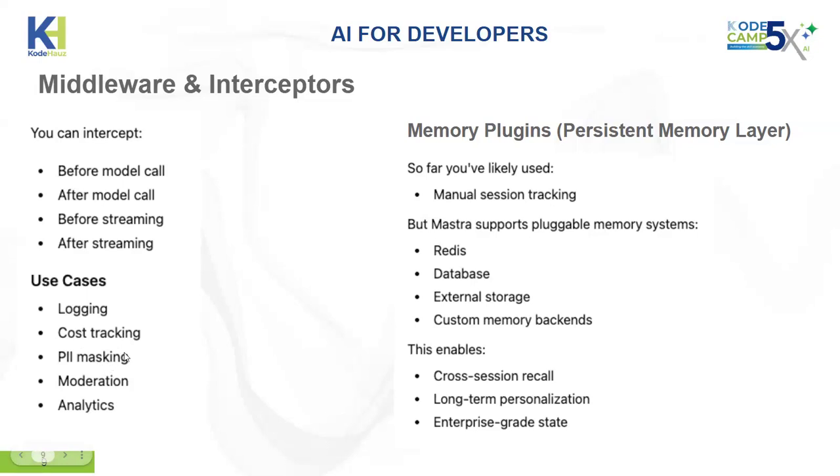So that's the other thing you could do in a before streaming or a before model call. Before model call, you make sure you check. And PII masking is actually a standard. So even LangChain, Mastra, they have classes that you can just use and they will automatically detect. You can specify what they should be looking for and they will extract or redact.